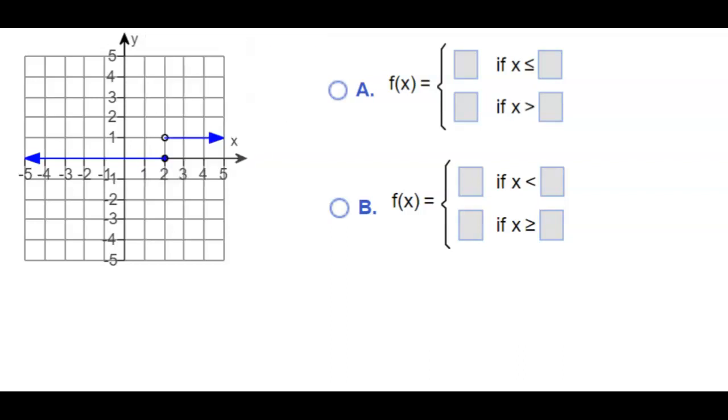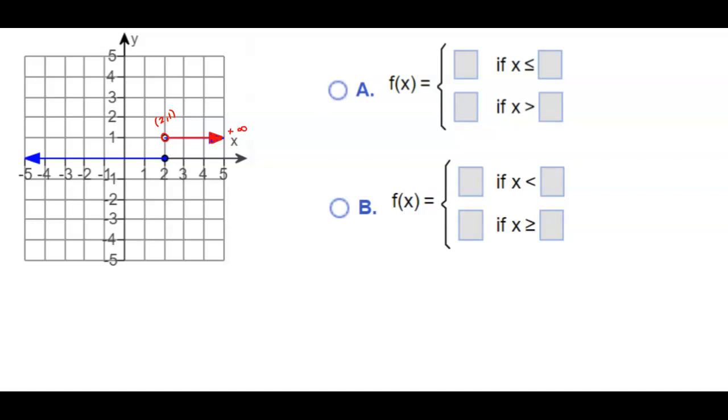If we take a look at the top graph, we have an open circle, and that is at the point (2, 1). You can see that this graph is going towards the right, so it's going towards positive infinity.